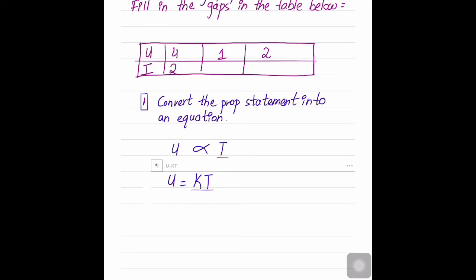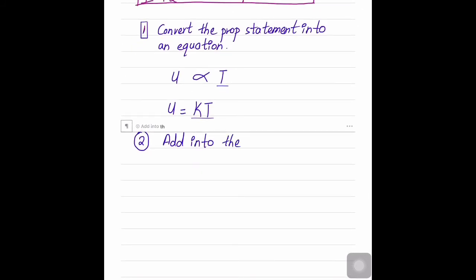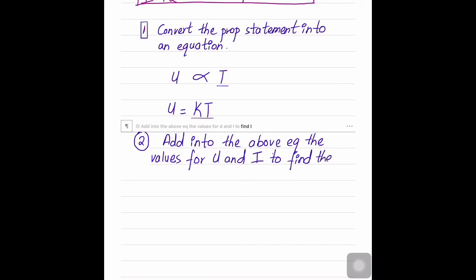So step 2 is to add into the above equation the values for u and I to find the value of k.